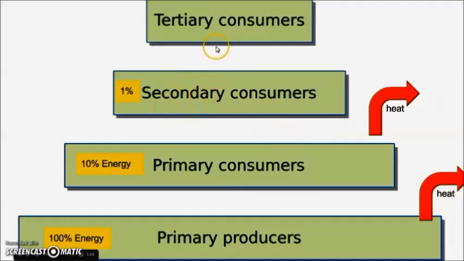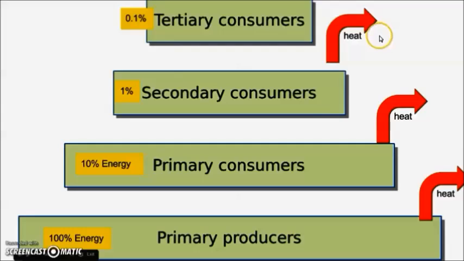And then the tertiary consumers will get 10% of the secondary consumers' energy, so 0.1%, and the rest will get lost as heat. So in every step, you have 10% of the energy moving on and 90% being lost as heat.